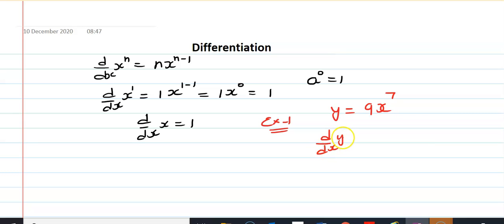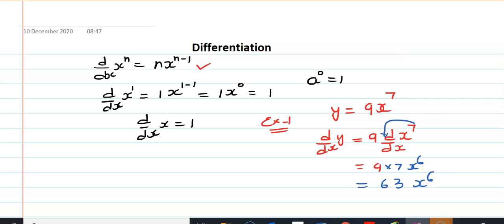This is called differentiation of y with respect to x. 9 you can keep out, and differentiation of x to the power 7 with respect to x. Using this formula nx^(n-1), this 7 is coming forward here. So 9 times 7 x to the power, and then the power is n minus 1, so it is 7 minus 1, that is 6. 9 times 7 is 63, so 63x to the power 6.